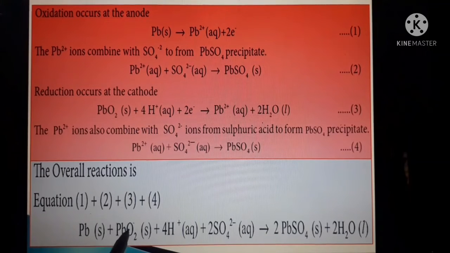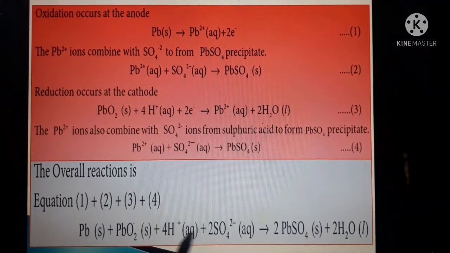Lead plus lead oxide plus H plus and sulfate ion. These two, H plus ion and sulfate ion, are from sulfuric acid. Lead is from the electrode, lead oxide from the electrode. So totally 4 reactants are there, forming lead sulfate and water.